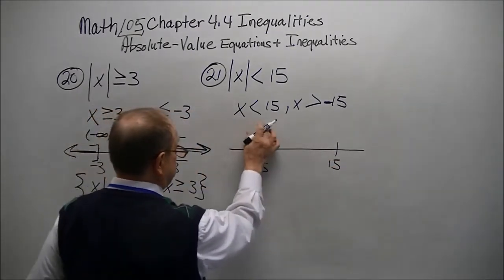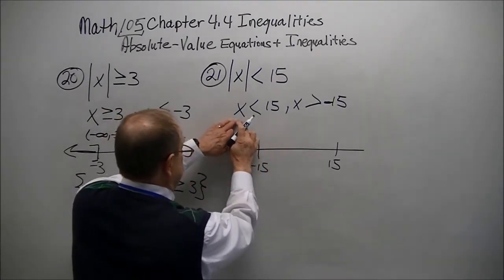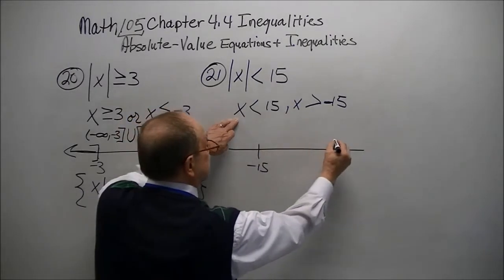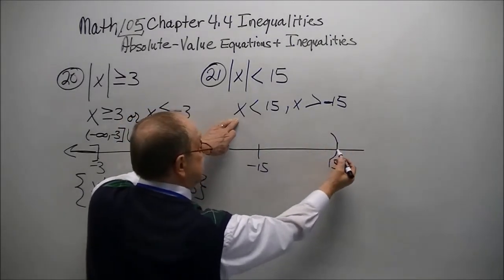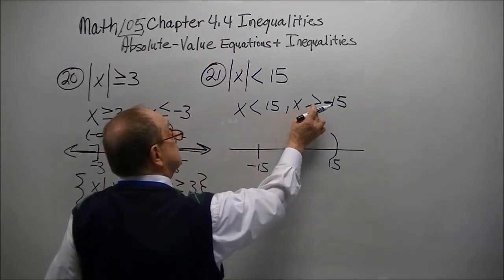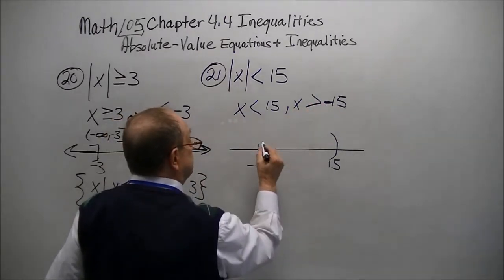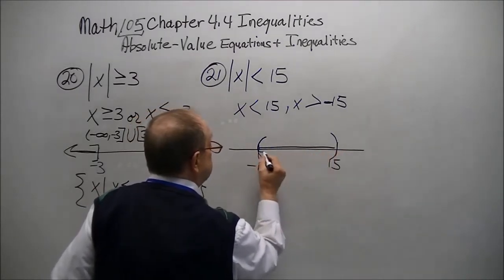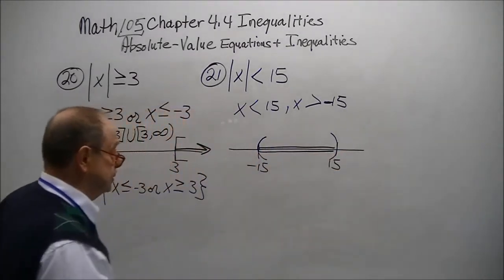And what are we saying? Well, we're saying that x is less than 15. So we're going to use a parenthesis facing this way. And this one is x is greater than negative 15, would be a parenthesis facing that way, and then filling in between the two.